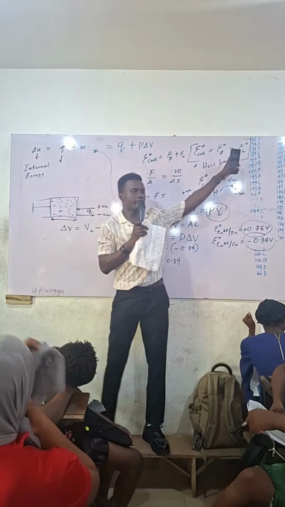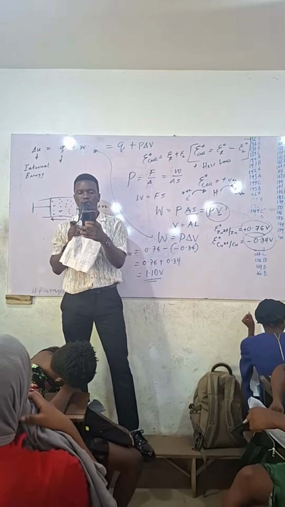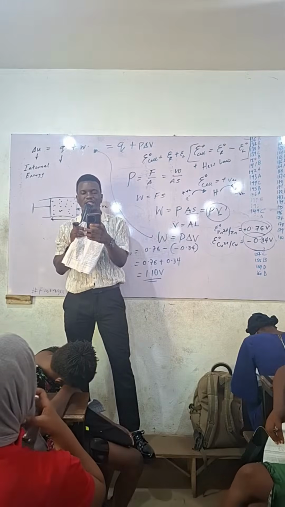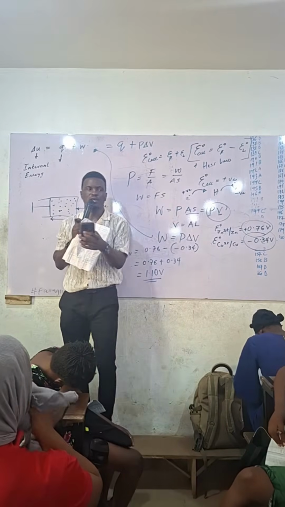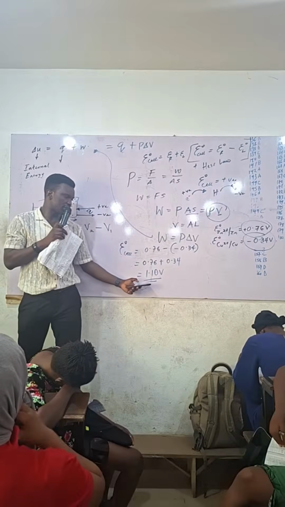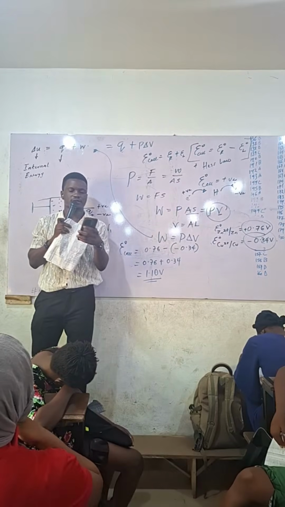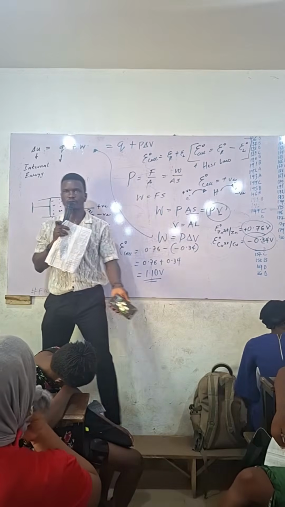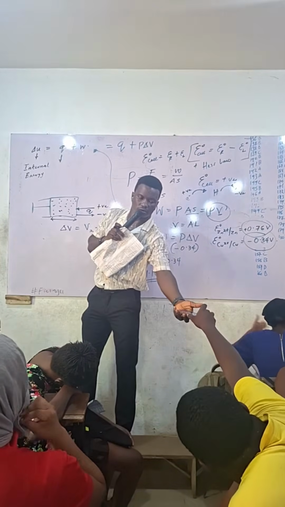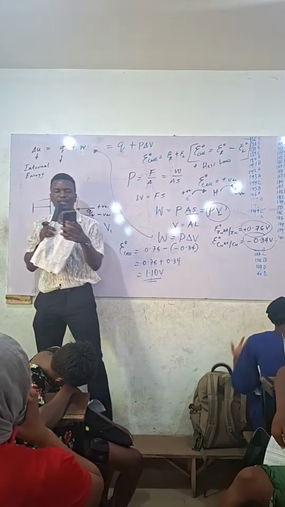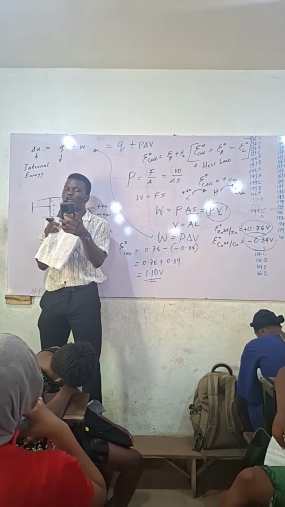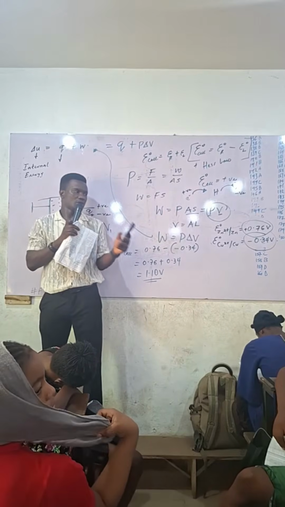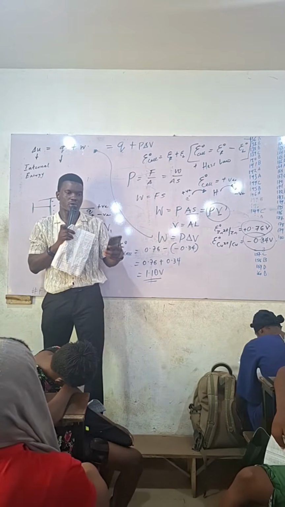That is what we have here. It is calculated by finding the difference between the reduction potential of the cathode and the anode. That's how we calculate it.